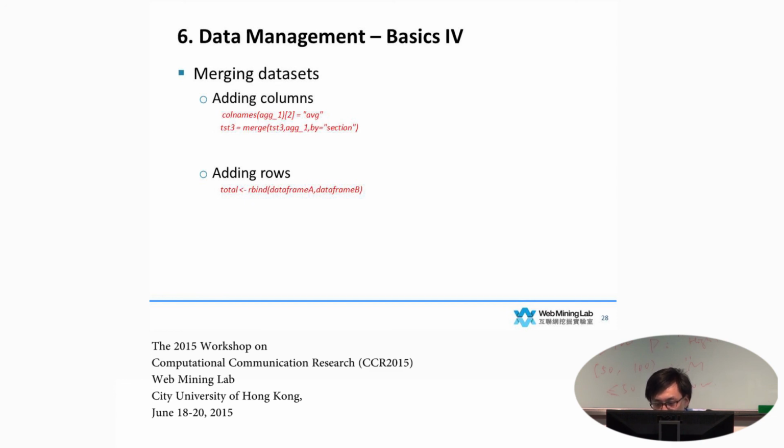For example, for the arts section, the section average is 1,100. So I want to paste these values into the tst3 file as a new column called section average. The by identifier is actually called section. So we will run this one, and then we see what happens.